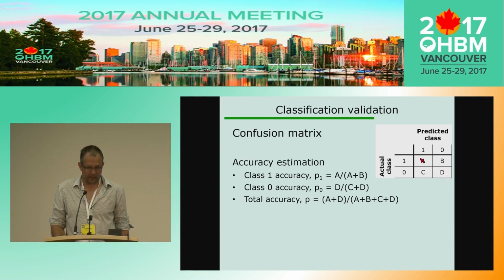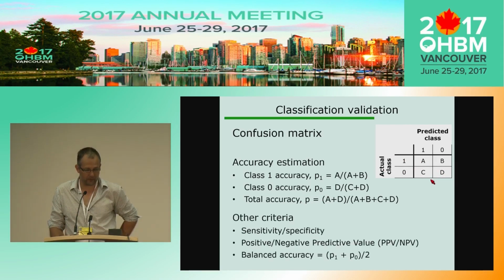So that's correct accuracies, and here B and C would be the number of times you get it wrong, one way or the other. So you can calculate the class 1 accuracy, the number of times you get A over the number of times you should have found it. The same for class 0. You can look at the total accuracy. So how many times did I get it right over my 100 samples? So that's a very simple measure.